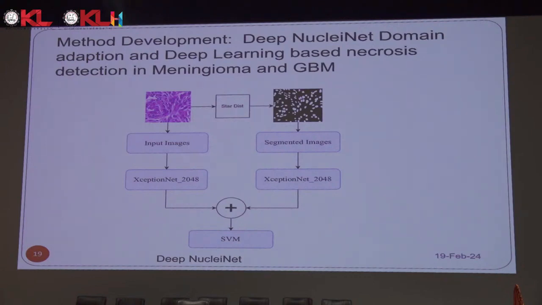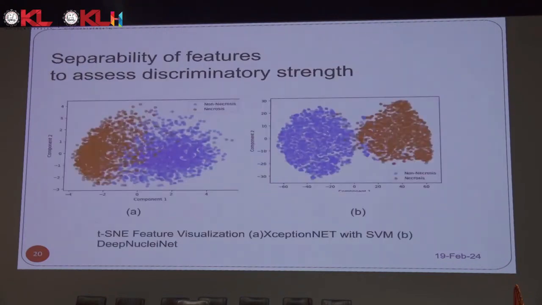We moved from ML to this deep learning method, and the areas were still not good, so we tried to extract the nuclei and augment that. Basically, we combined these two models, and then gave it to an SVM classifier. This is the t-SNE feature visualization. Compared with the normal one, the one proposed by our model, Deep Nuclei Net, shows a clear separation.